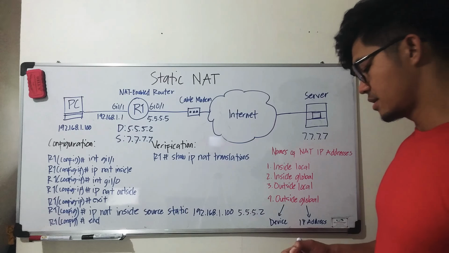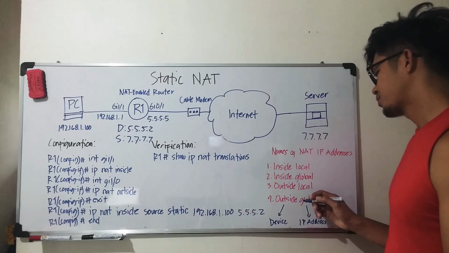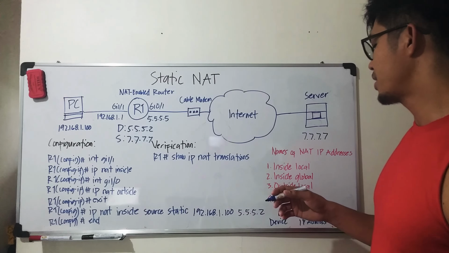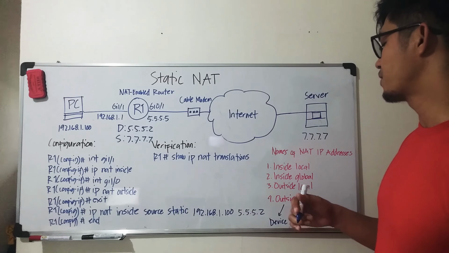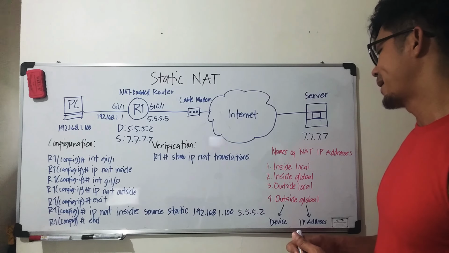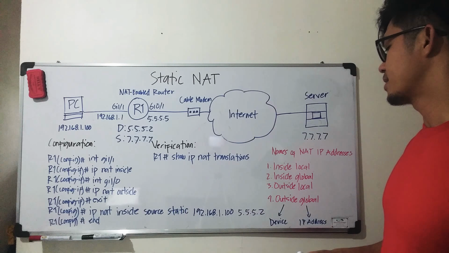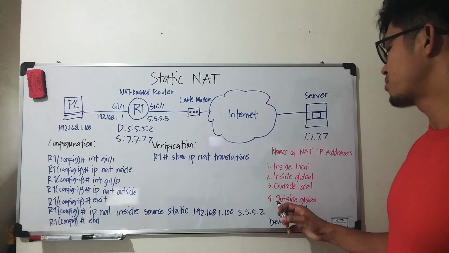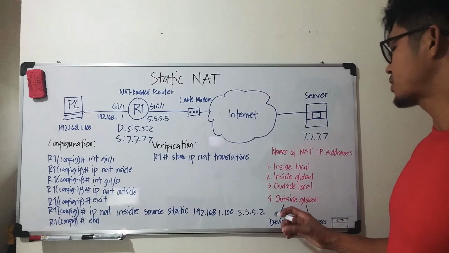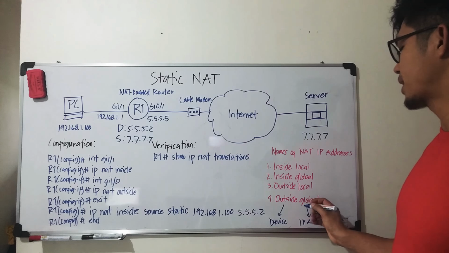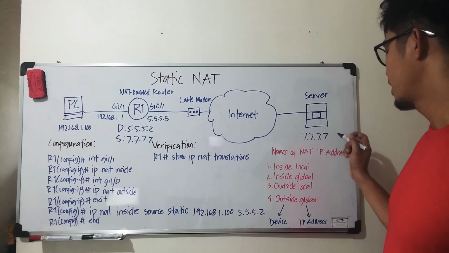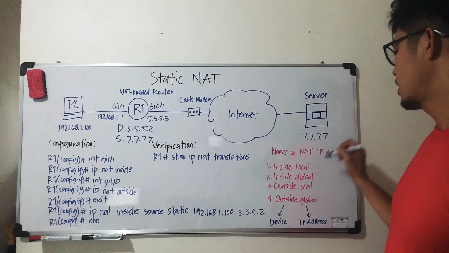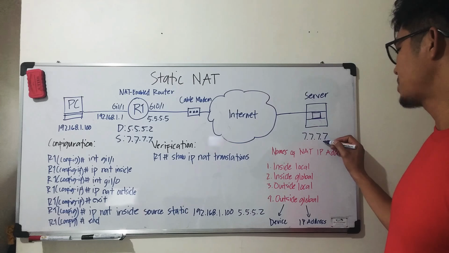But we will see this if NAT is configured on the other side or on the destination network. And number 4, outside global. So outside of our network, and global is public IP. So outside global is just referencing this IP address here.